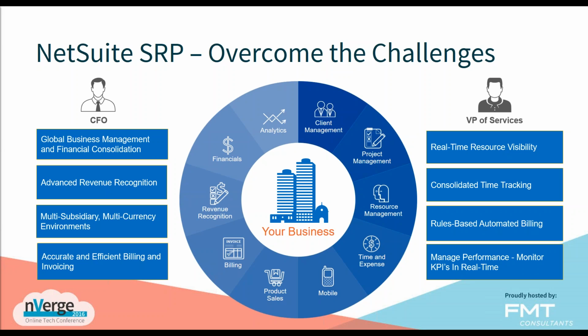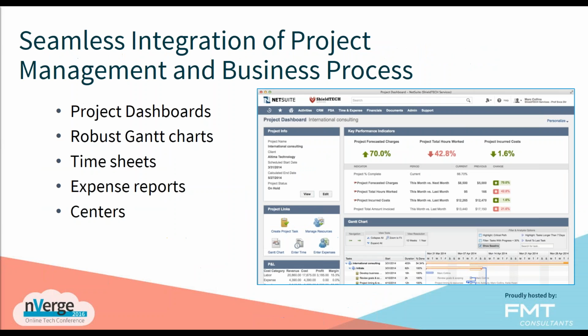And then KPIs, scorecards, and real-time data being presented to the project managers on their dashboard or at their fingertips, so they can make good decisions relative to what resources they're going to utilize on a project, or maybe what suppliers they're going to engage on a particular project, that type of thing.